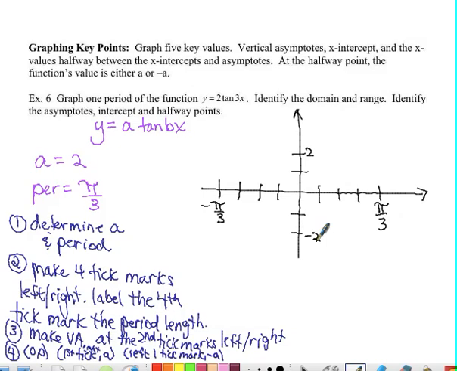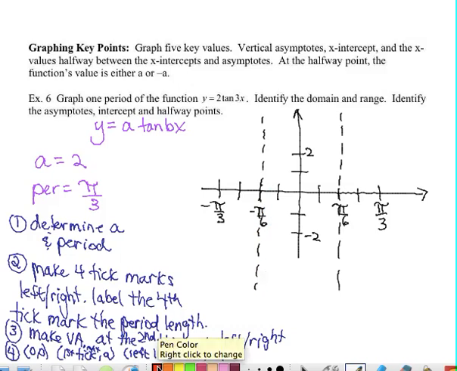What's half of pi over 3? Pi over 6. Good. So we'll label that. Then what happens at that 2nd tick mark? It becomes a vertical asymptote. Nice. So let's plot that. Then you're going to put a point at 0, 0, and then you go to the right 1 tick mark up to A. Left 1 tick mark down to negative A.